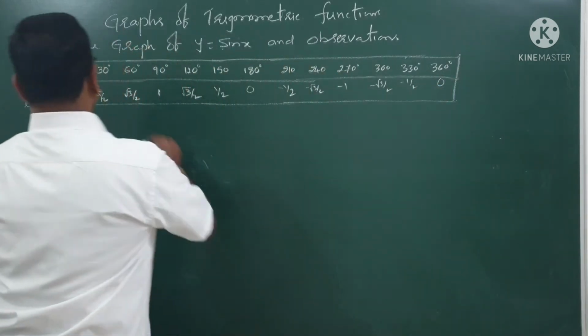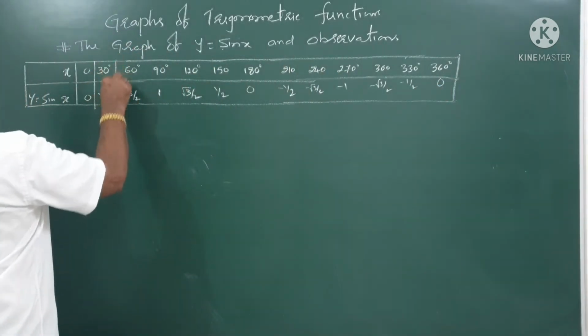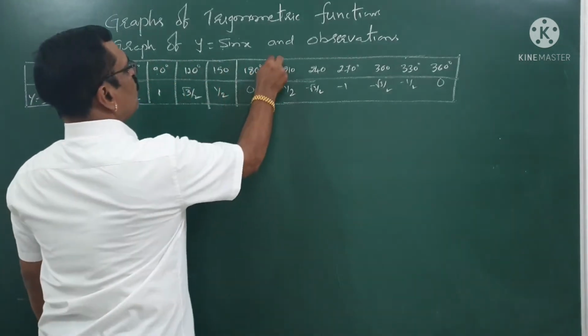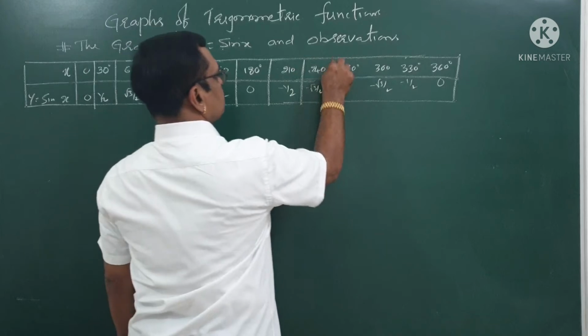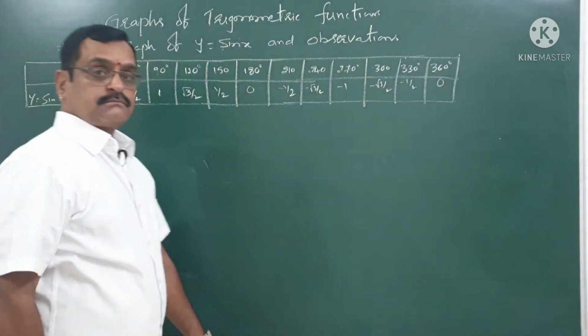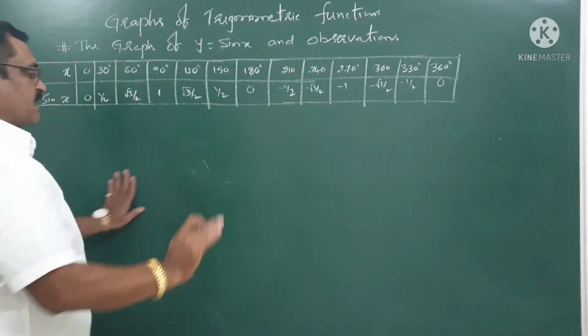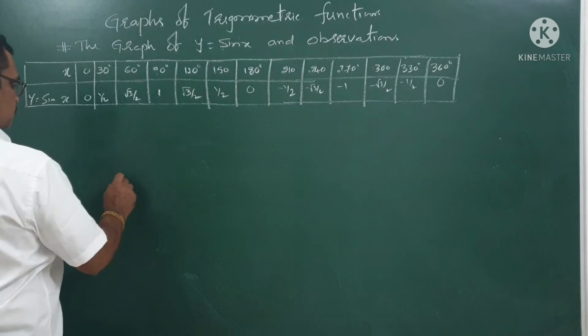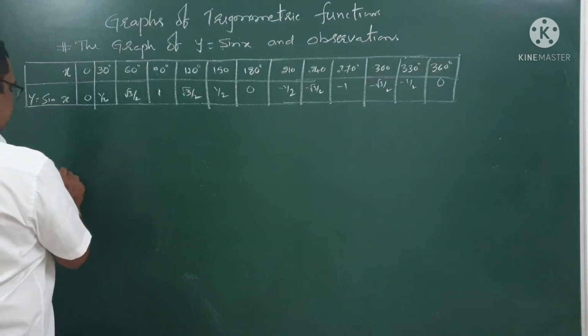I will make a table like this so that there is no confusion and no overlapping. Next, I take one rectangular coordinate system.